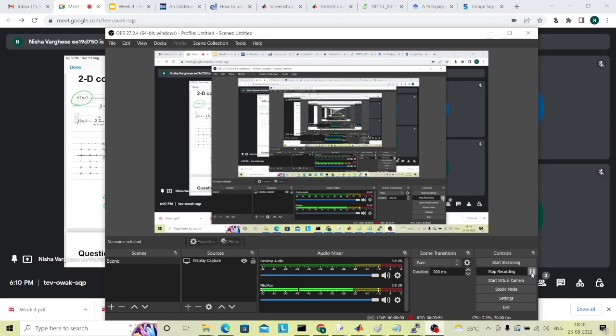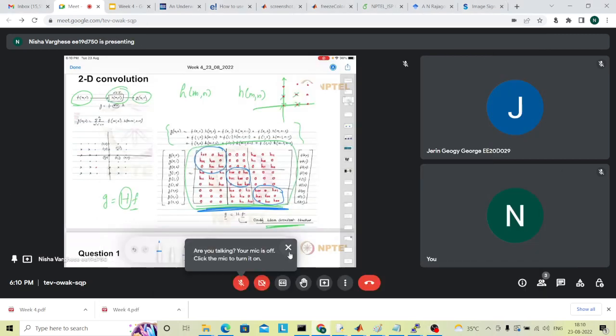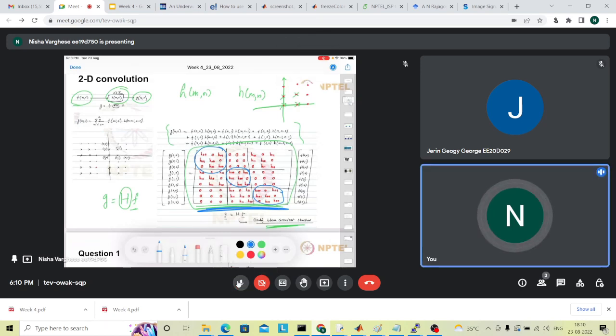So the whole matrix H has a circulant structure, and each of the sub matrices has a circular structure. So here you can see h00, h01, then a circularly shifted version h01, h00, and so on. So we can get an H like this, then we can just multiply that with the vectorized form of the input image to get the output.